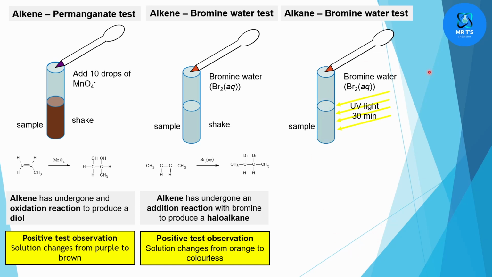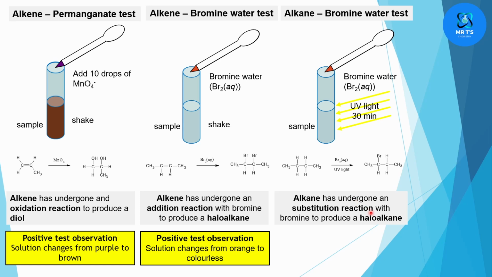It will take 30 minutes, so it's actually not a definitive test. Any organic molecule is going to do this reaction with bromine water. It takes a long time, over 30 minutes, in the presence of ultraviolet light.